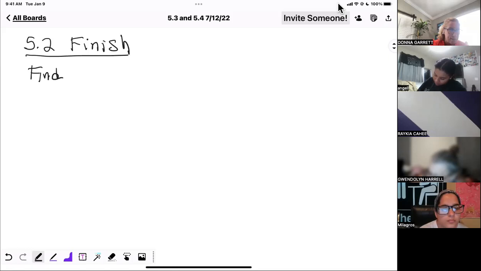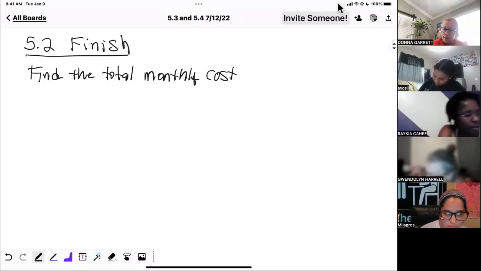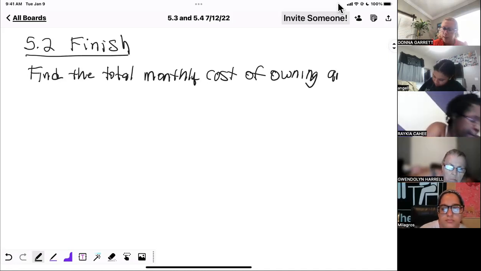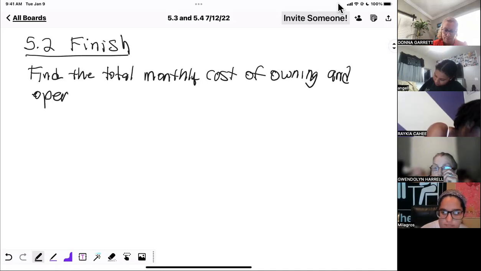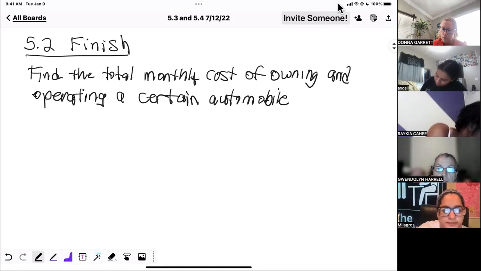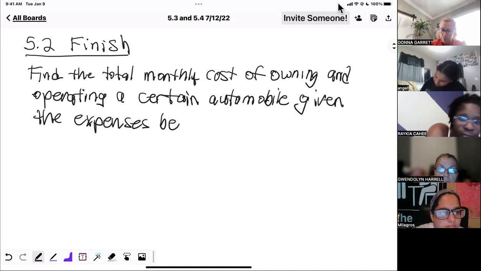Find the total monthly cost of owning and operating a certain automobile given the expenses below.